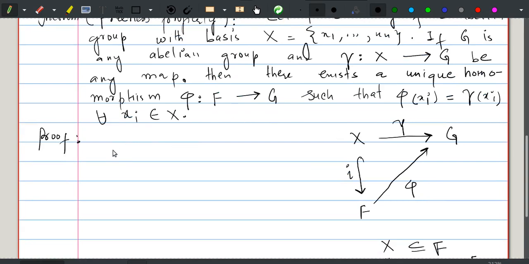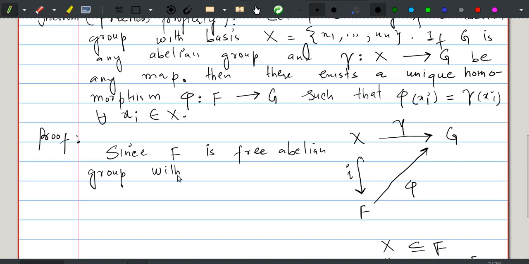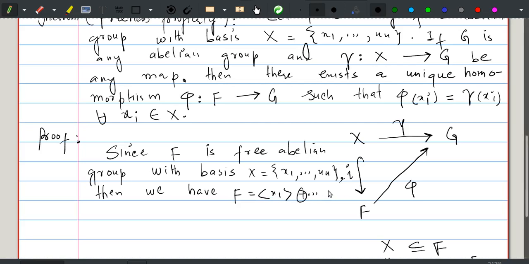Now by definition, since F is a free abelian group with basis X, which is equal to the set x1 through xn, it means any element, say A in F, then we have F is the direct sum of <x1> plus so on plus the direct sum of <xn>.